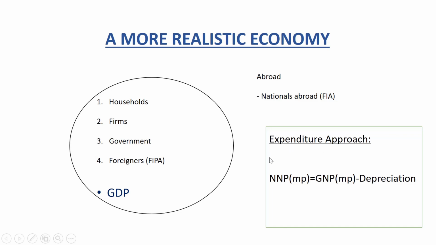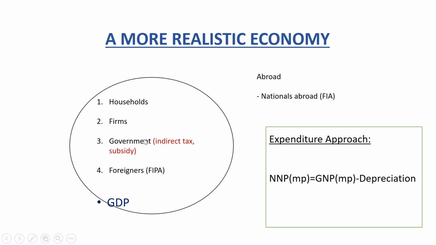However, when we are using the expenditure approach, we are picking values from the market. So when we arrive at net national product, it will be at market price. Market price means that there are additional components which are indirect tax and subsidy. So we need to move a step further to remove these indirect tax and subsidies so as to be able to get our values at factor cost.